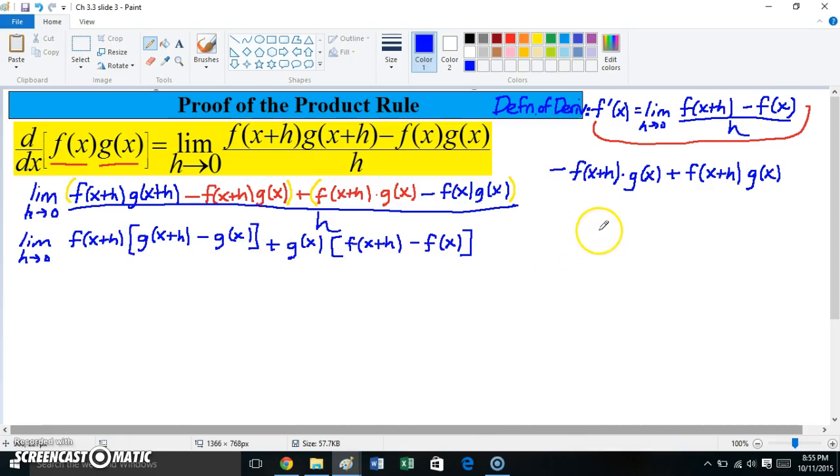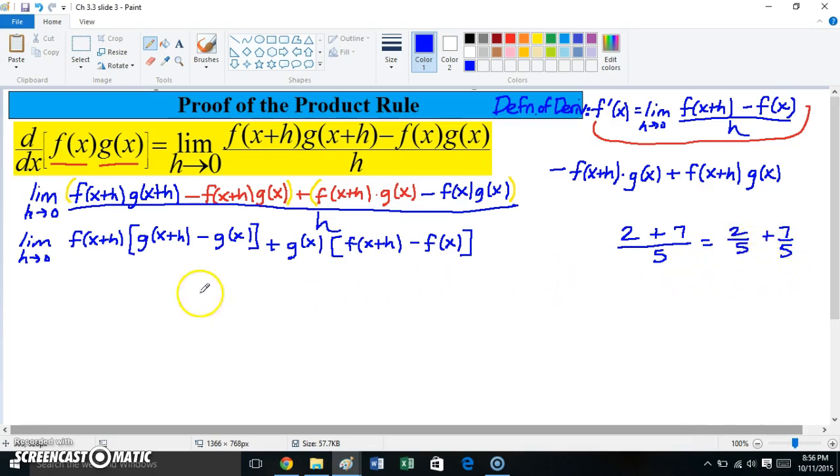But I'm going to save some space by writing, and I just want to do a little aside for a second. If I said 2 plus 7 all over 5, I could rewrite that as 2 over 5 plus 7 over 5, just using the properties of fractions.